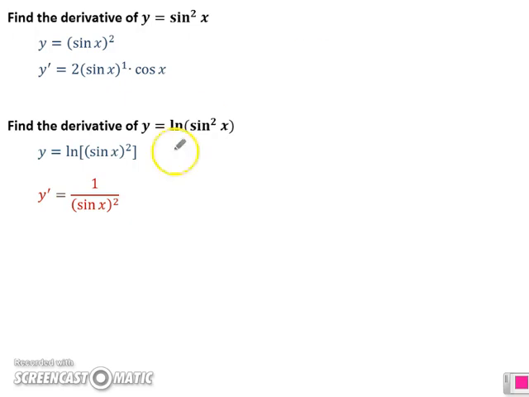You don't touch it. Comes along for the ride, and then you move on to the next layer. So the next layer would be the power again. That's the outermost piece. And then the third layer is that sine. Every time we do this problem, the last step is always going to be the innermost piece, which is going to be the sine. The middle layer in this case was the power, and then in this case, the outermost was the natural log.